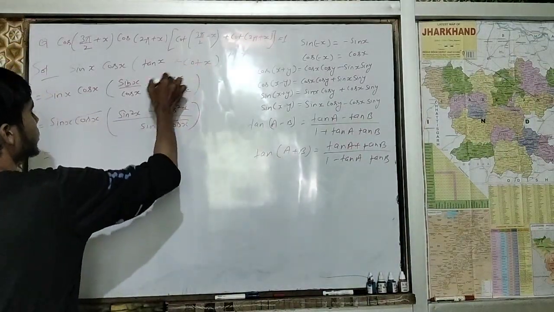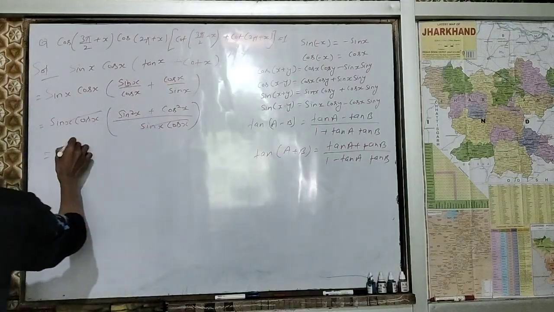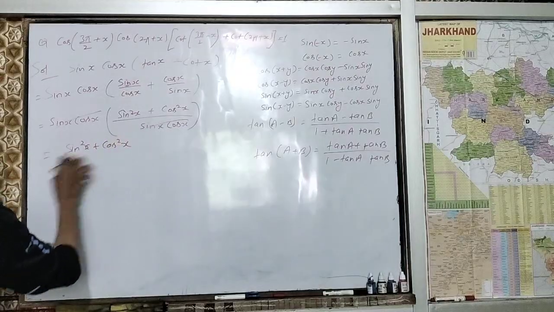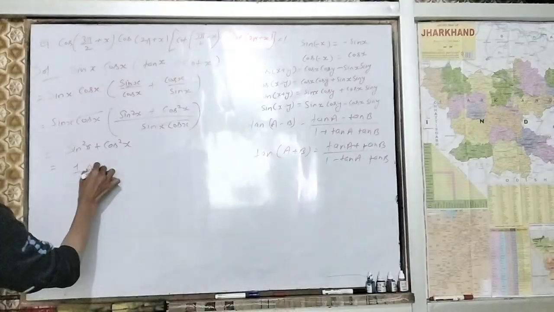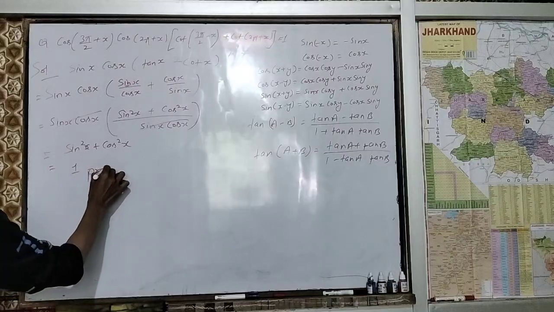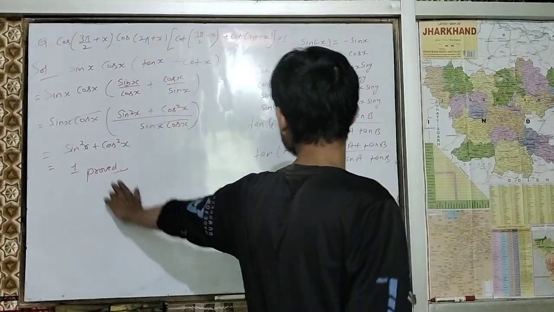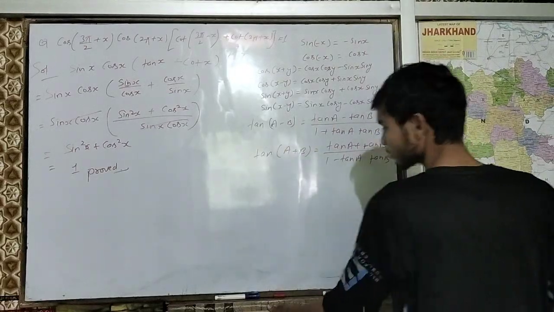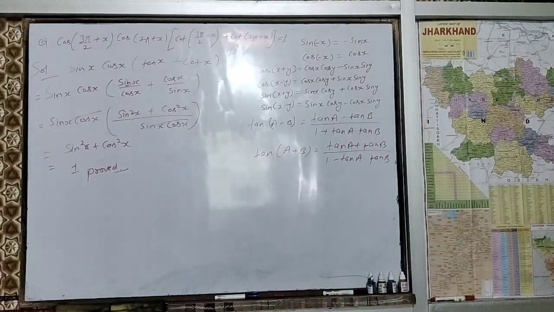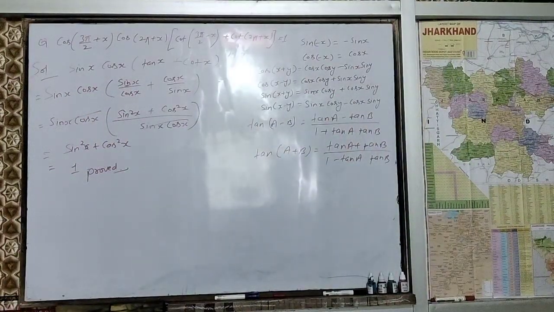That's why this will be positive. Now this is sine square x plus cos square x is equal to 1. This is proved. We have proved. You can analyze the process.